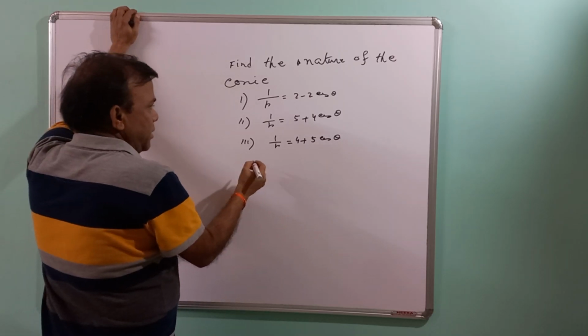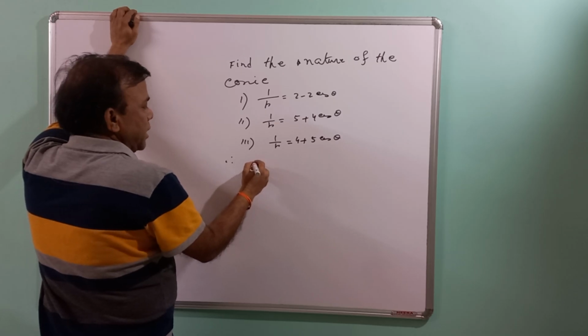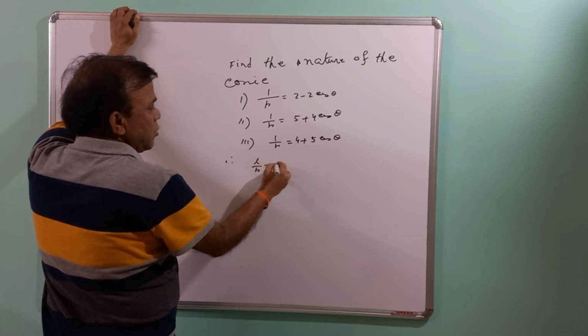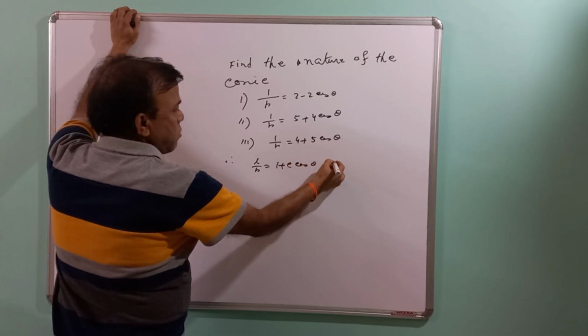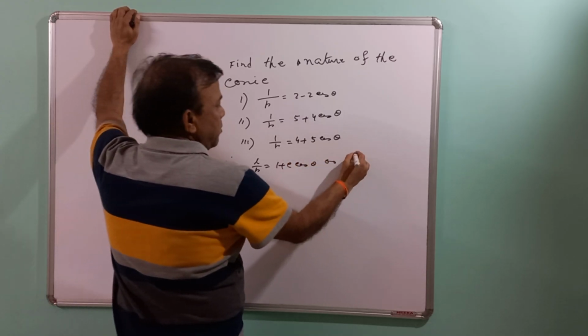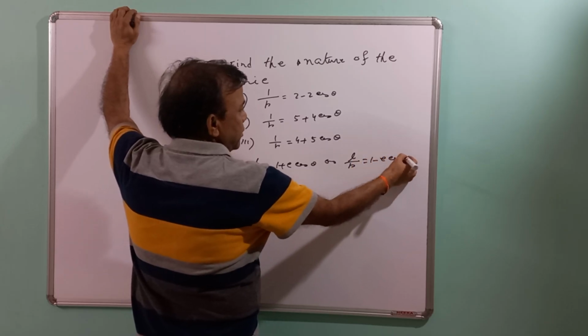As we know that the equation of the conic is either L by r equals 1 plus e cos theta or L by r equals 1 minus e cos theta.